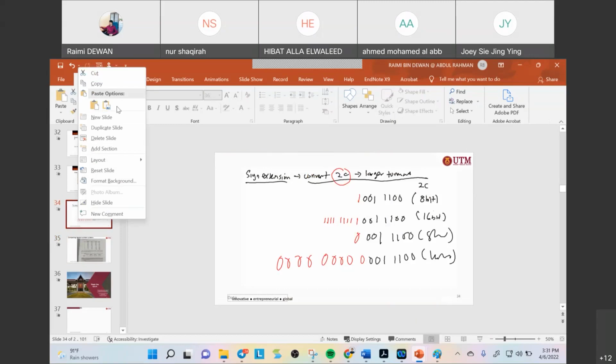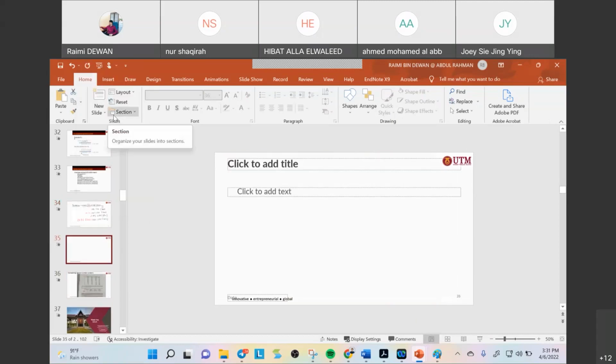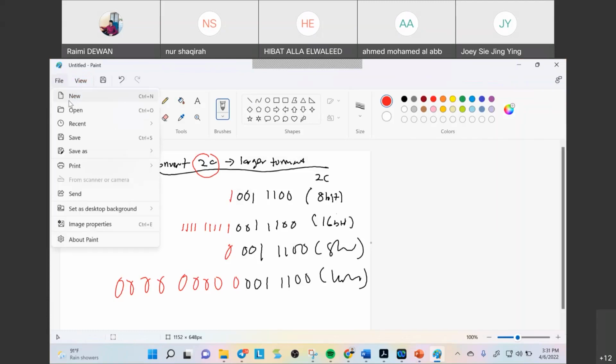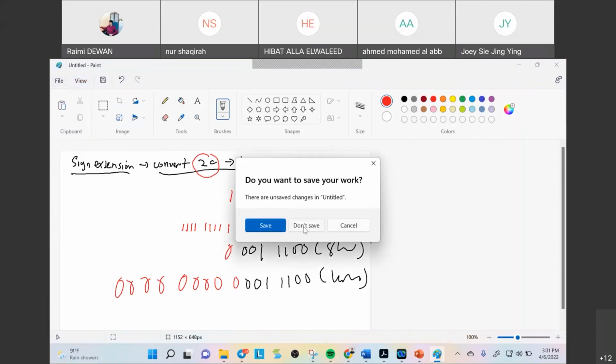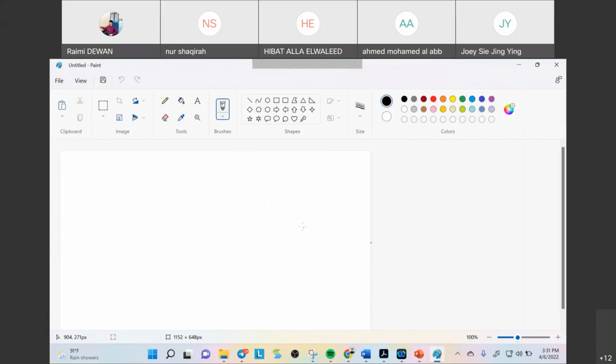The next thing we will study is offset binary. This one is also not that difficult. The concept is easy, but when you answer questions, don't overcomplicate. Please make sure you know it. What is offset binary?